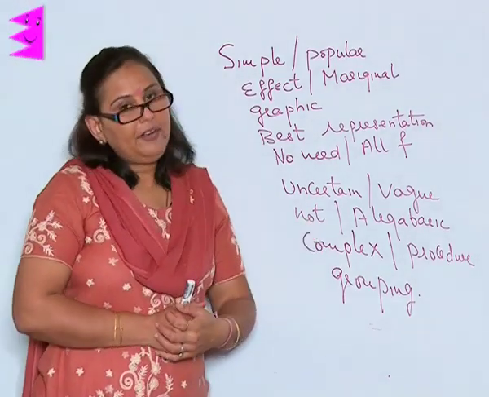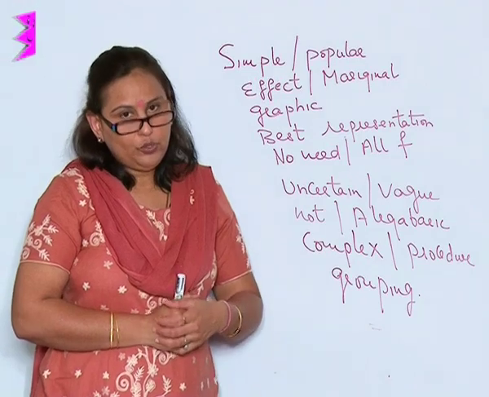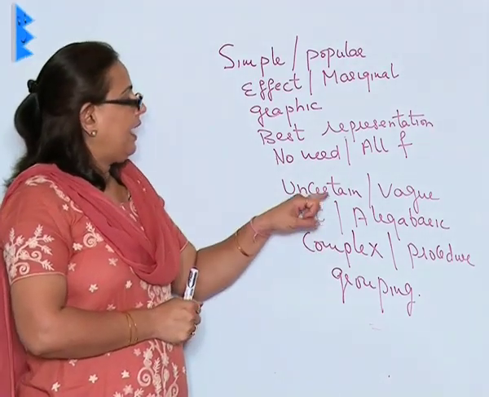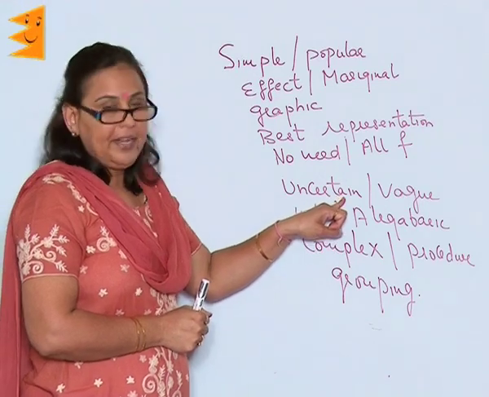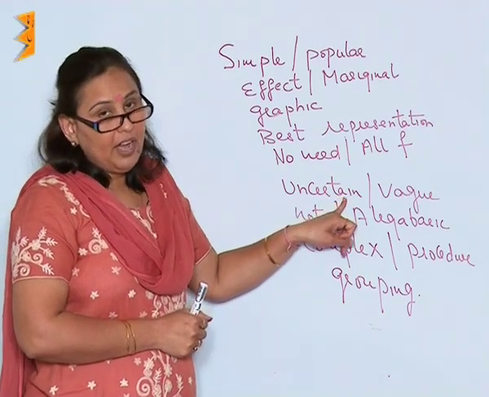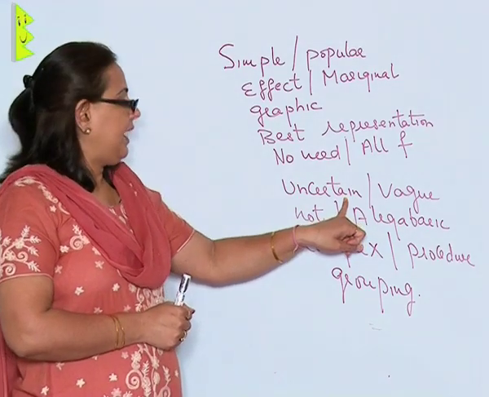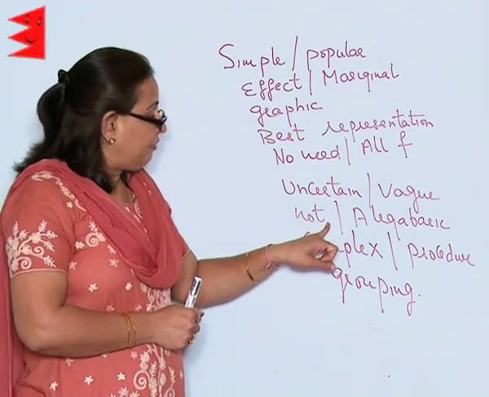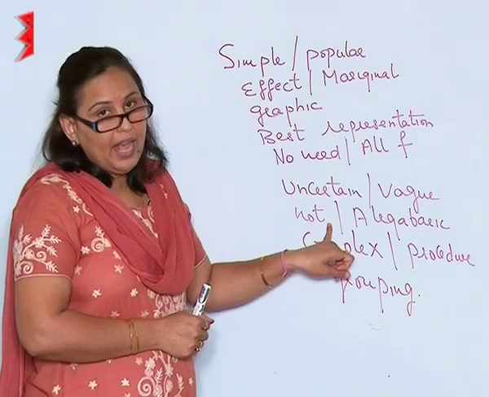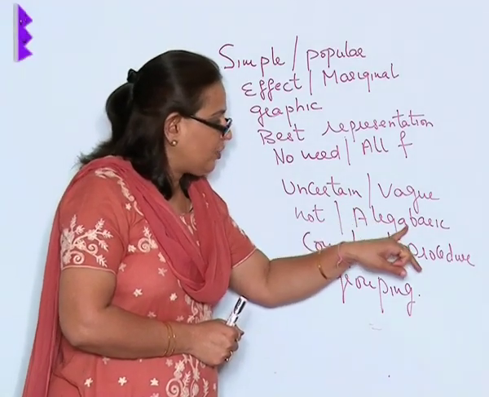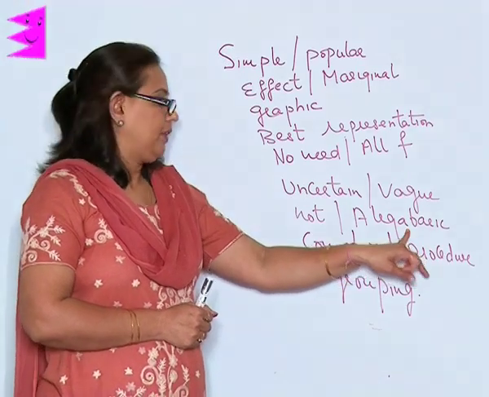But there are of course demerits to the system. The central tendency which we derive is generally uncertain and vague. Besides, the findings cannot be used for further algebraic treatments.